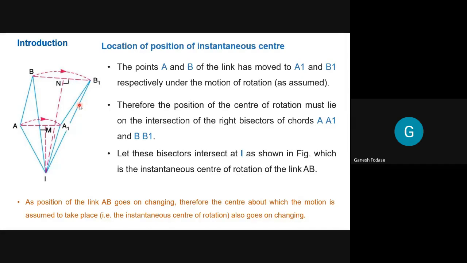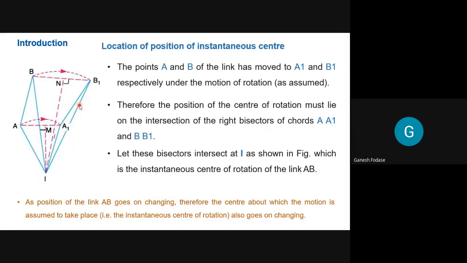Now, when I assume there is pure rotation, the question is how to find the center of rotation. For finding it, I draw perpendicular bisectors to the lines joining A and A1, and B and B1. Wherever these two intersect, that point is called the center of rotation. Now, my next question to you is, why is it instantaneous?